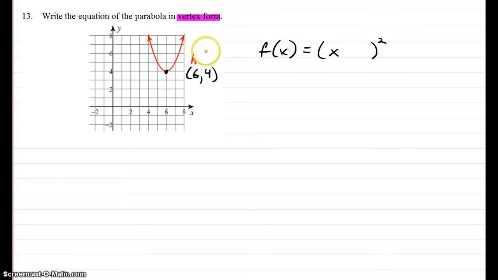This is the k value. So remember, the 6 is what we're going to plug in here, and we want it to equal 0. So when I plug a 6 in, 6 minus 6 will give us that 0. So remember, inside the parentheses is counterintuitive. And then this plus 4 moves the graph up. So our function would be f of x equals quantity x minus 6 squared plus 4.